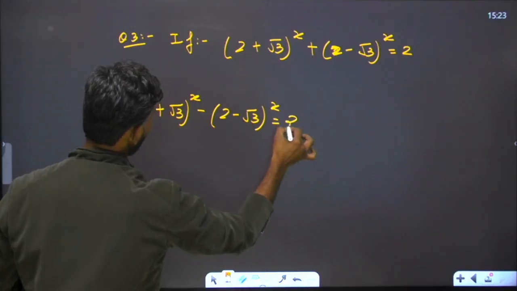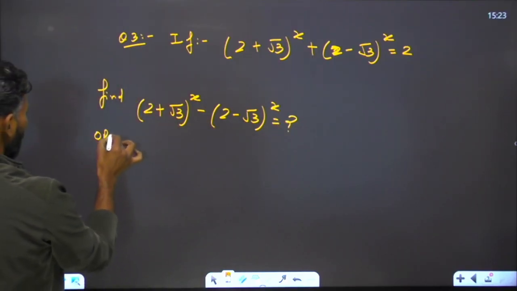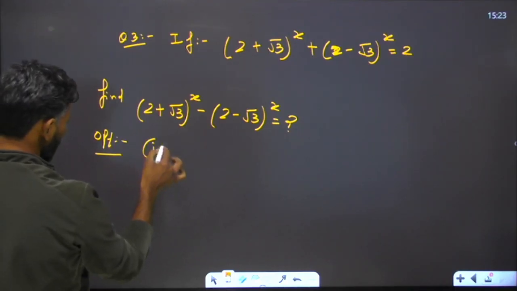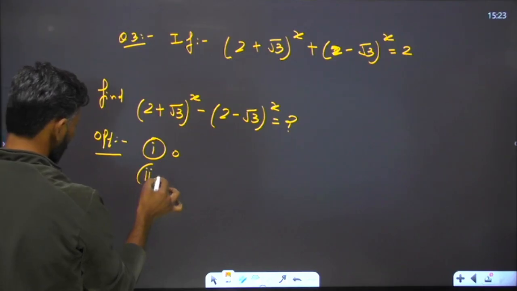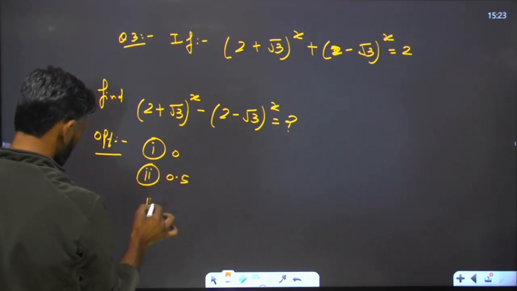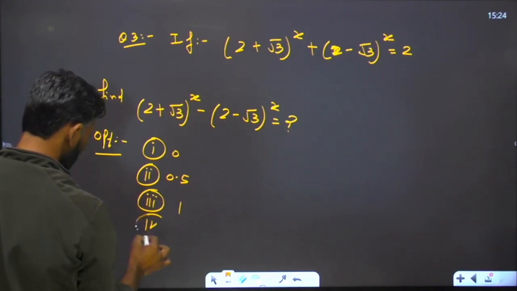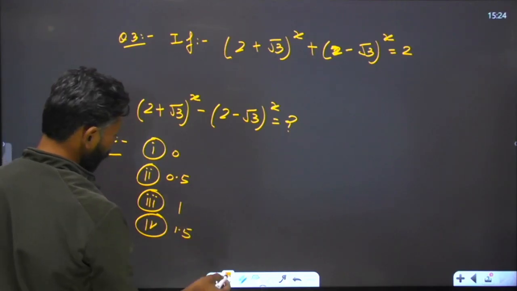We have to simplify this, and the options are over here: first option is 0, second option is 0.5, the third option is 1, and the fourth option is 1.5. These are the four options over here.